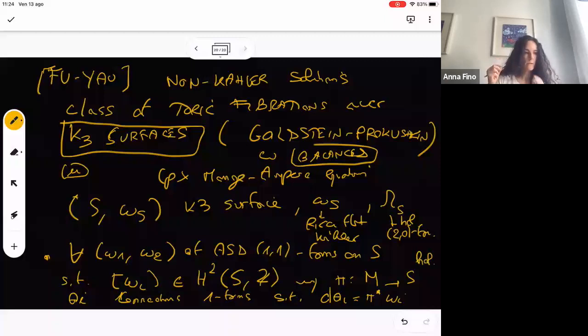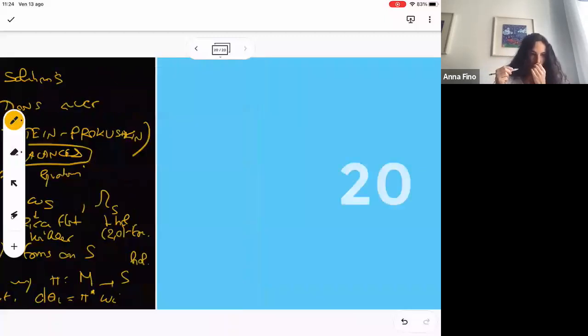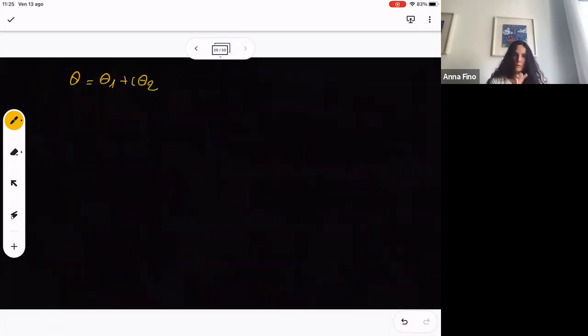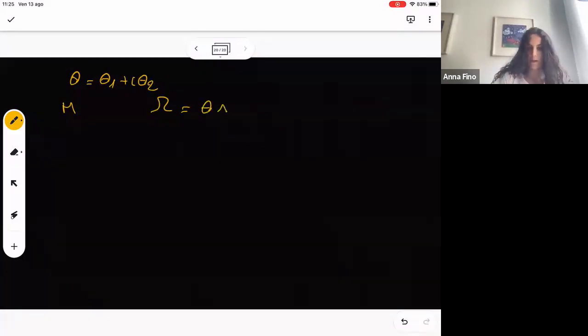So that means that you have theta, which is theta_1 plus i theta_2, and this gives you the complex structure on M, and you have on M a natural nowhere vanishing holomorphic (3,0)-form, which is just given by theta wedge the pullback of omega_C.